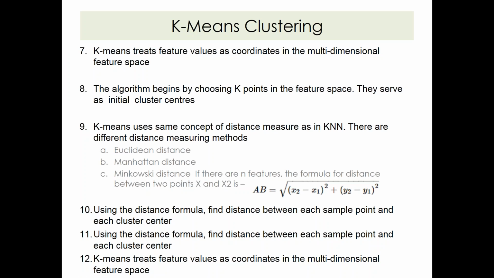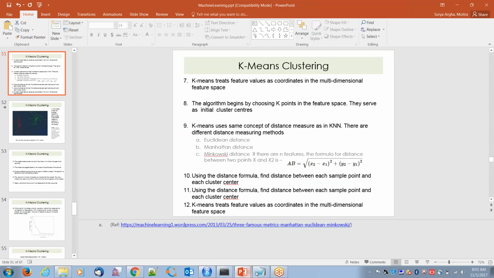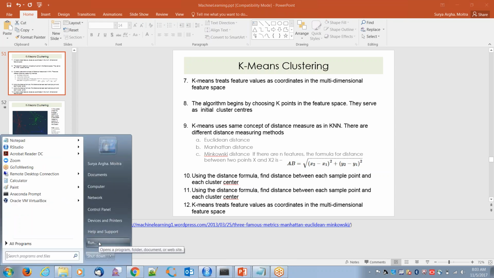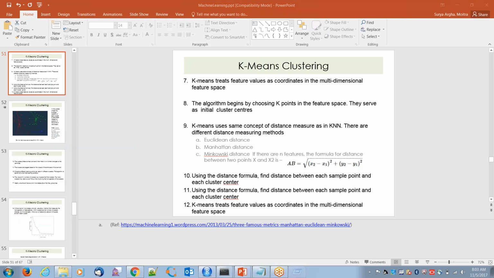Here also there are different distances. For both k-means and KNN, by default the Euclidean distance is used, but it is worthwhile to know other distances like Manhattan distance and Minkowski distance. I'll write what the Manhattan distance and the Minkowski distance are.